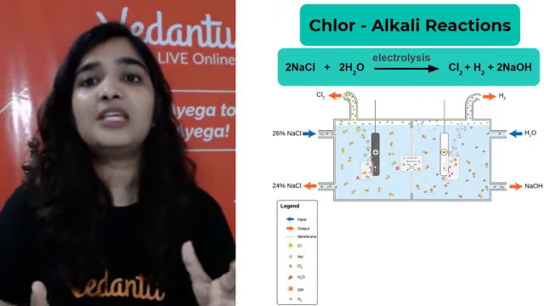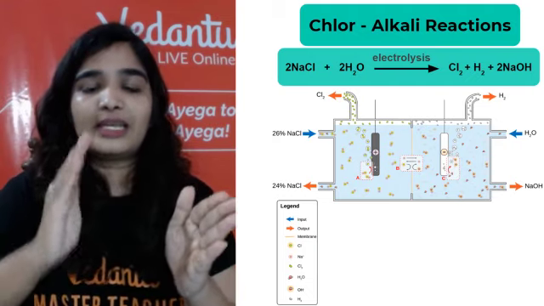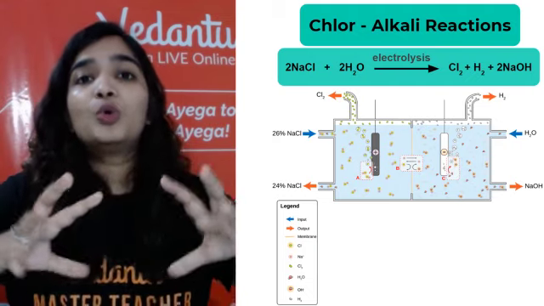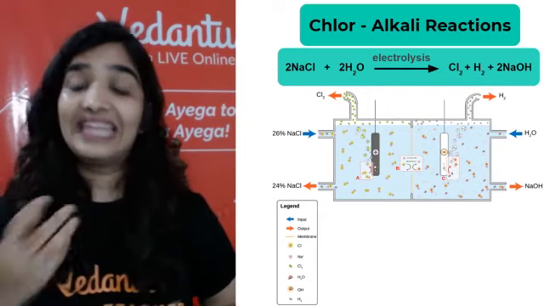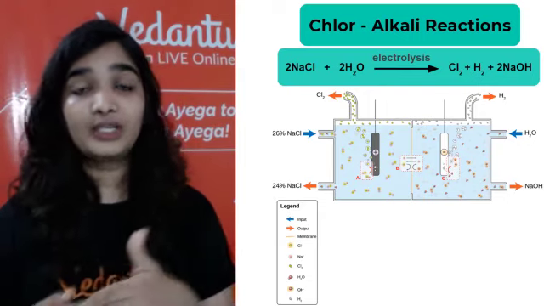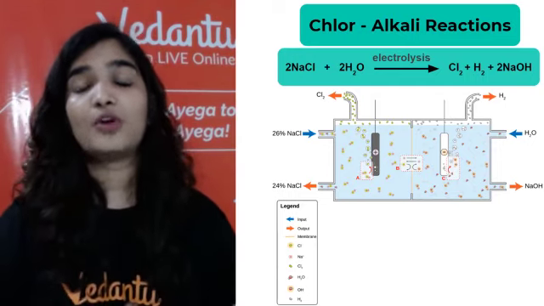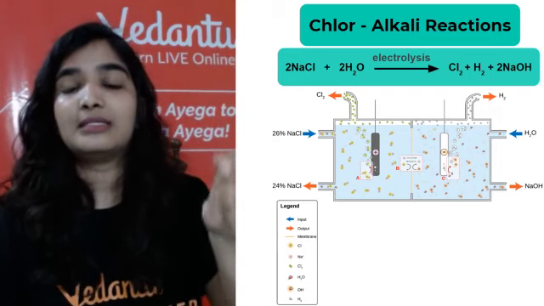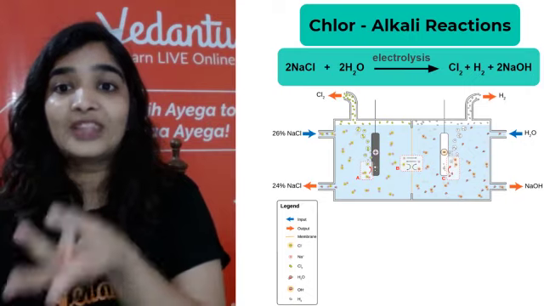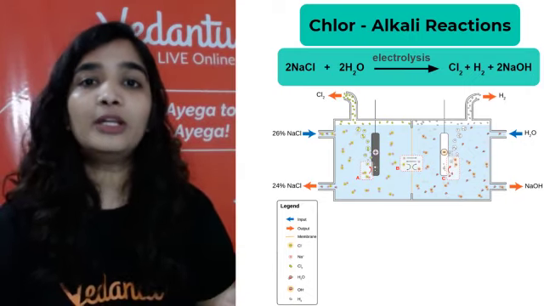Electrolysis means that when voltage is applied, the respective ions, the cations and anions, move towards the oppositely charged electrodes, that is cathode and anode. At the cathode reduction takes place, at the anode oxidation takes place. In this process, hydrogen gas is liberated near the cathode, and chlorine gas is liberated at the anode.